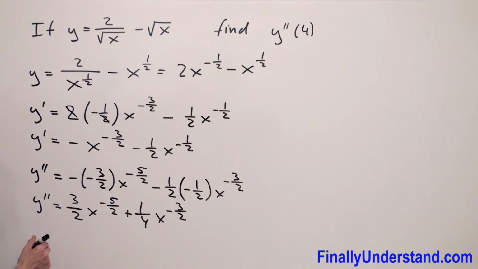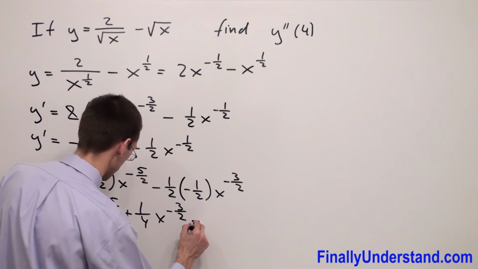Next, we're supposed to find the second derivative for x equals 4. So what we are going to do over here, let me convert the exponents to radicals.